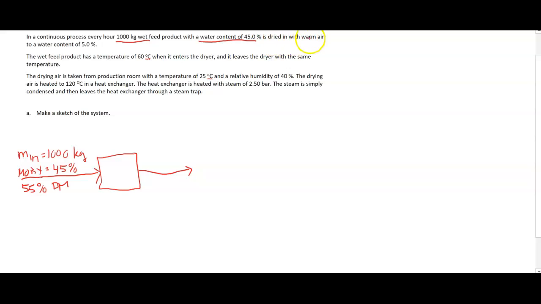It is dried with warm air to a water content of 5%. So we know that moist over here, moist out equals 5%, giving us, I just have to erase that, giving us 95% dry matter.